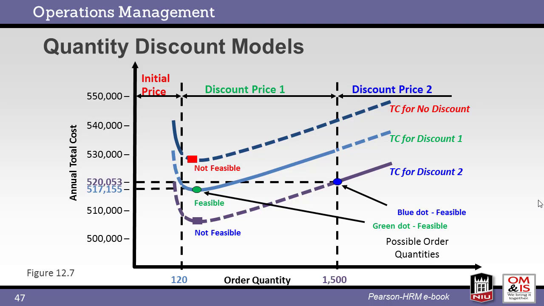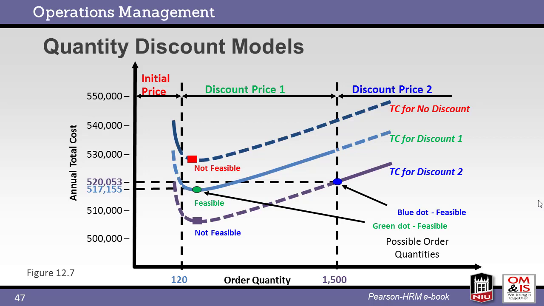Moving down to the next curve for discount 1, the EOQ falls within the valid range. So the EOQ for discount 1 results in an annual cost of $517,155. This is the best result so far. Finally, we look at the total cost curve for discount 2.